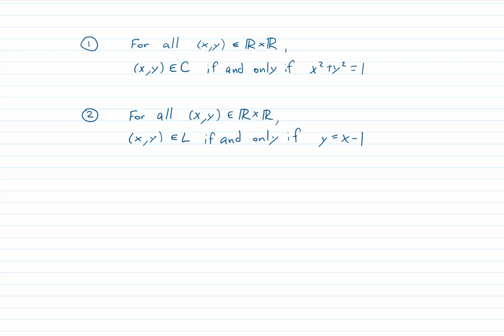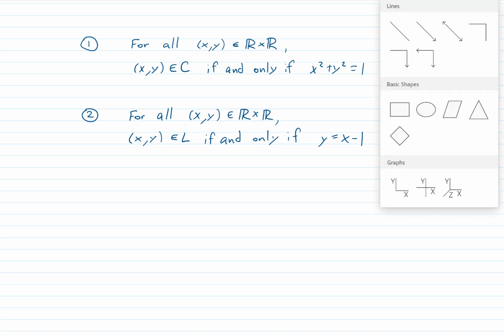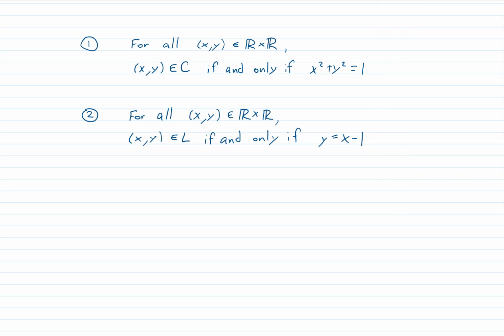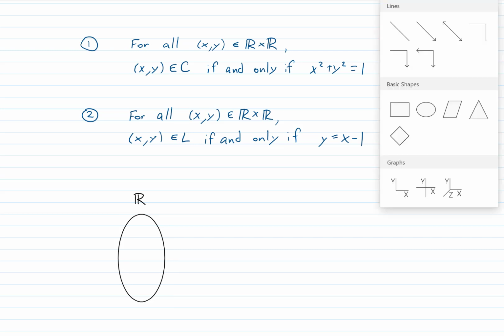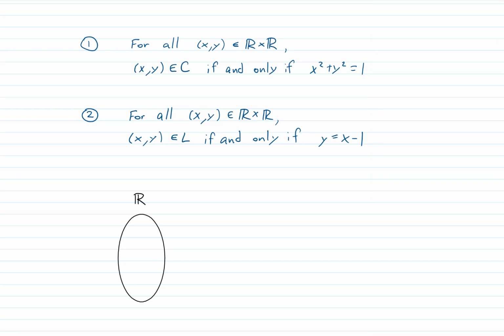So for the first one, for C, I am going to draw a bubble here to represent the real numbers, but obviously I'm not going to write all the real numbers in there, okay? It won't fit. But nonetheless, I'll end up writing some of them. And the relation is, I'm just going to write the equation that I'm using for this relation.